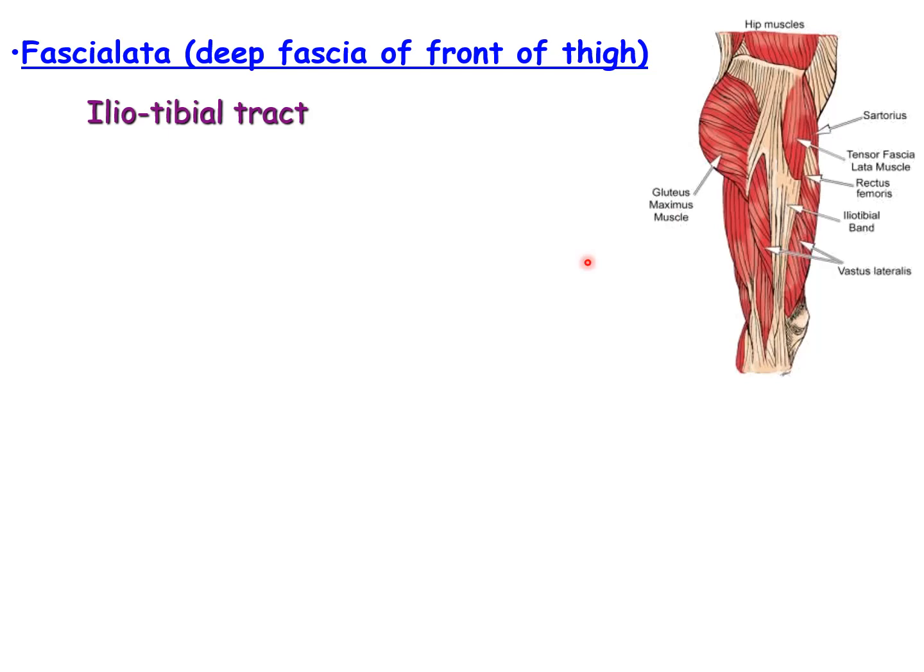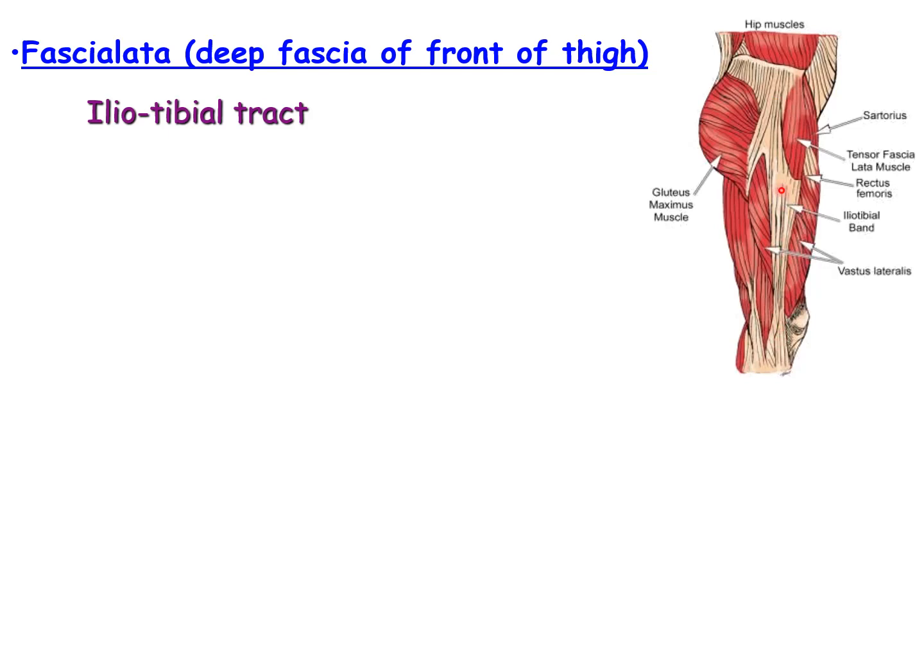We have here three important features of the deep fascia of the thigh, which is called fascia lata. Firstly, the iliotibial tract. The iliotibial tract is a thickened band of deep fascia on the lateral side of the thigh. Above, it is attached to the tubercle of the iliac crest, and below to the lateral tibial condyle.